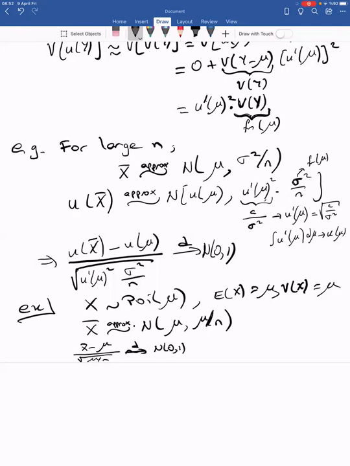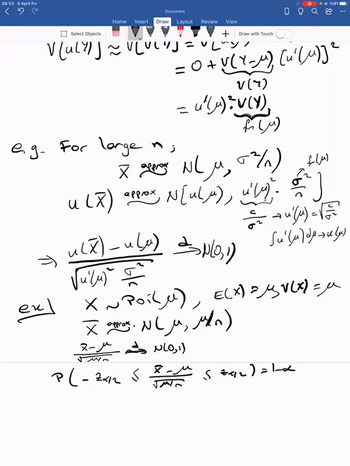Using this, we can say that the probability that this quantity is between minus z alpha over 2 and z alpha over 2 equals 1 minus alpha. But in the denominator, since we have a mu term, we have to get rid of that one. So we can replace it by mu hat.